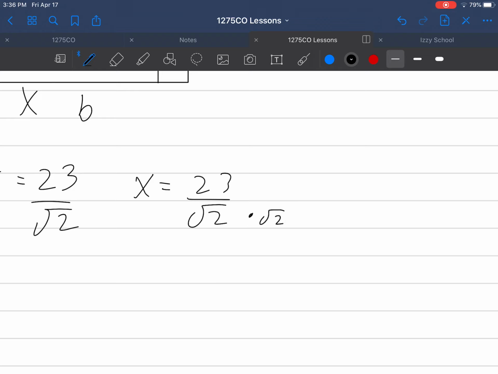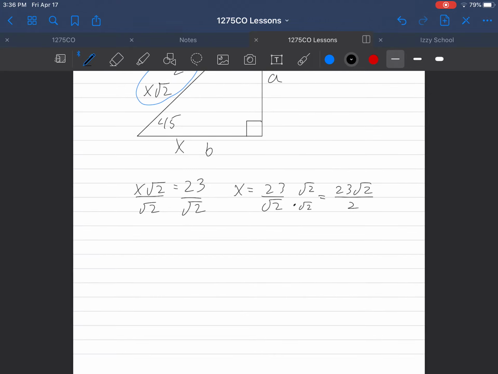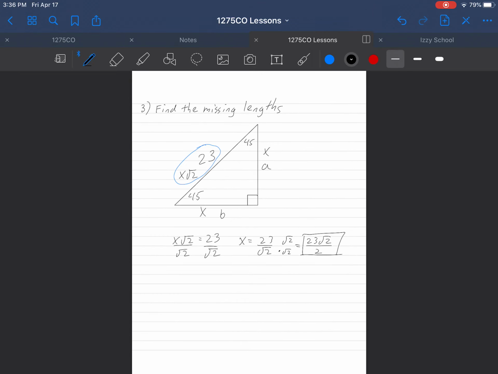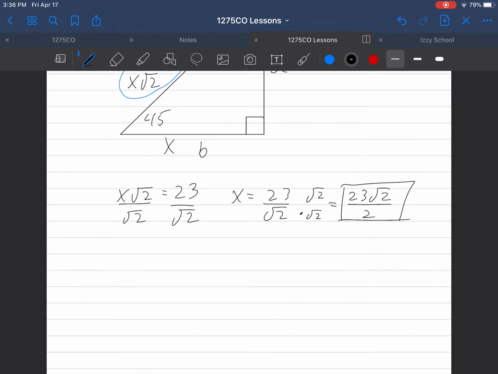And then if you want to be complete about it, if your teacher expects you to rationalize that denominator, then you can certainly do so by multiplying top and bottom by radical 2. And this is the value of x, right? So that means a is equal to 23 radical 2 over 2, and b is equal to 23 radical 2 over 2 as well.